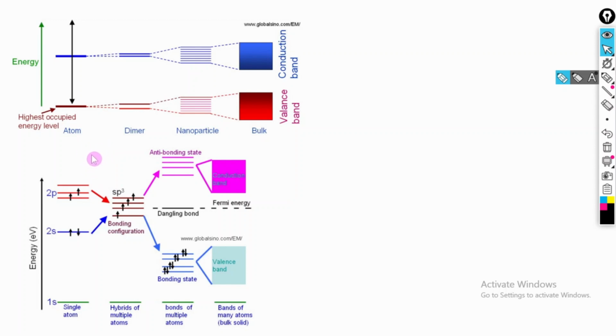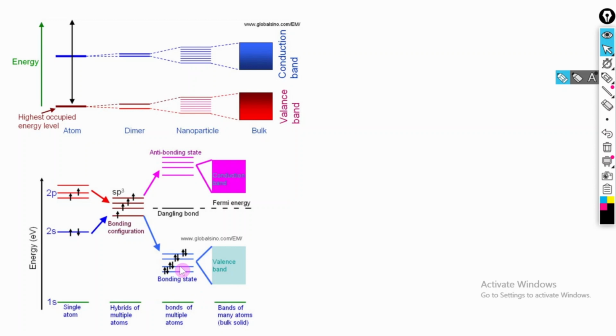So if we combine the atomic orbitals, they will convert into molecular orbitals, and molecular orbitals have two types. One is the bonding molecular orbital, and the other one is the anti-bonding molecular orbital. So here we have that same scenario. This is the anti-bonding state or molecular orbital, and here this is the bonding state.